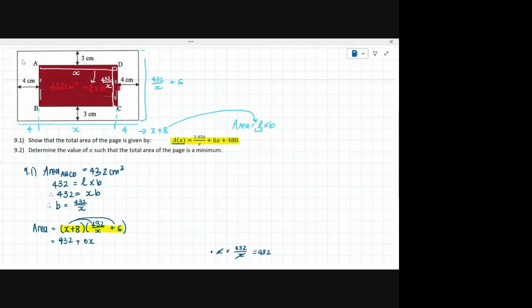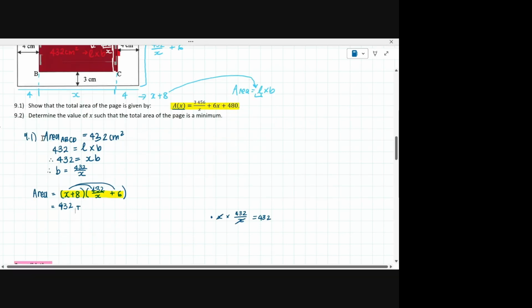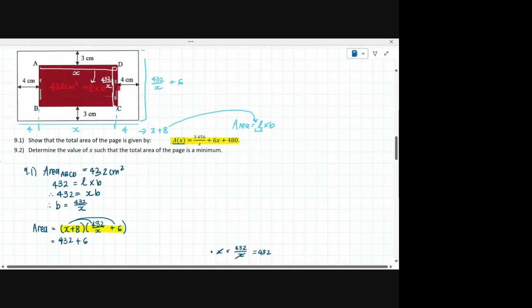Right, then we move on to multiplying that 8 into my bracket. So 8 times 432 over x.